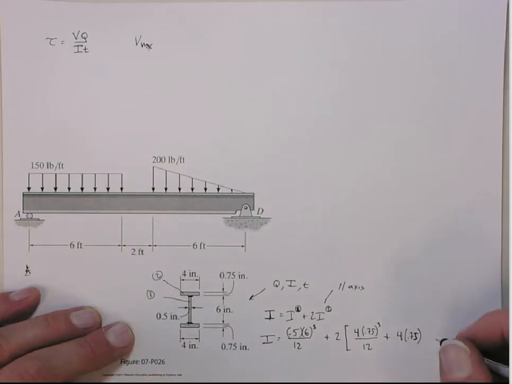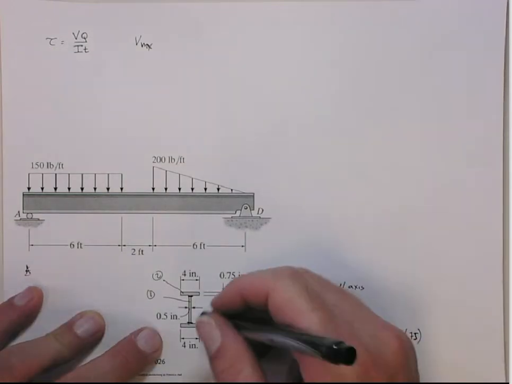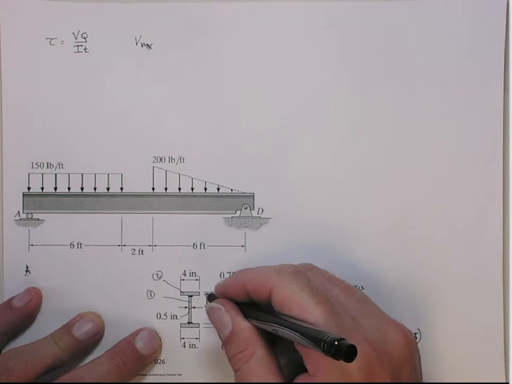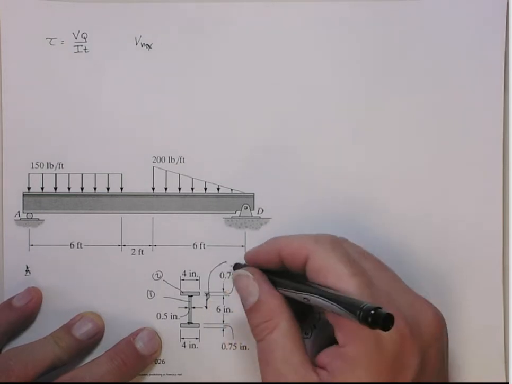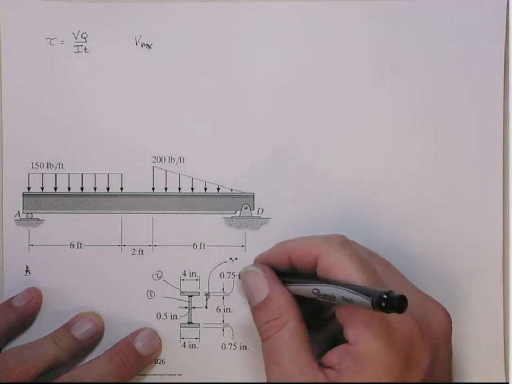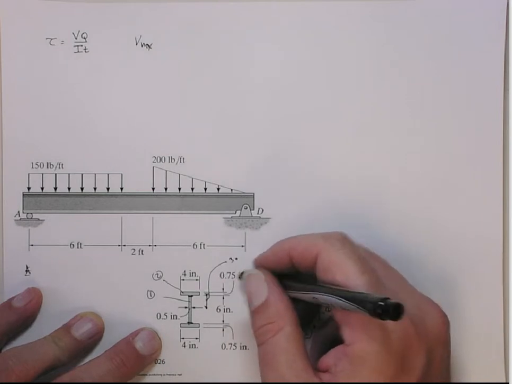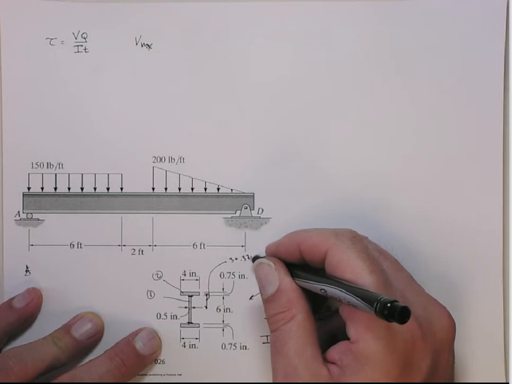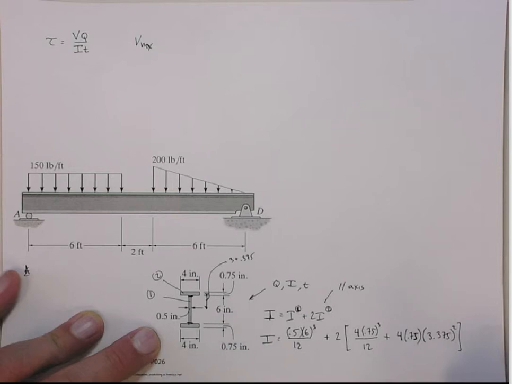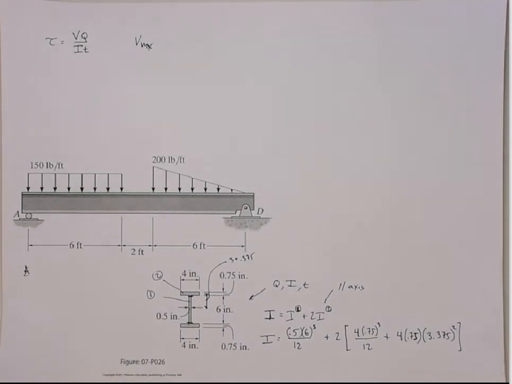And then times the distance from the neutral axis to its centroid. So this distance here is going to be the 3 inches plus 3/8, or 1/2 of 0.75. That's 0.375, right? So that distance is going to be 3.375, and that gets squared because it's parallel axis, right? Area times that arm squared.